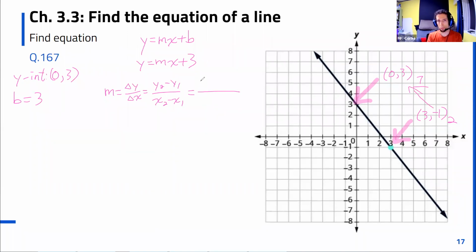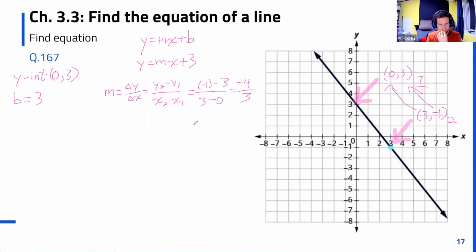Well, it's -1 minus 3. And for the x values, from 3 to 0, so 3 minus 0, and that is -4 over 3.